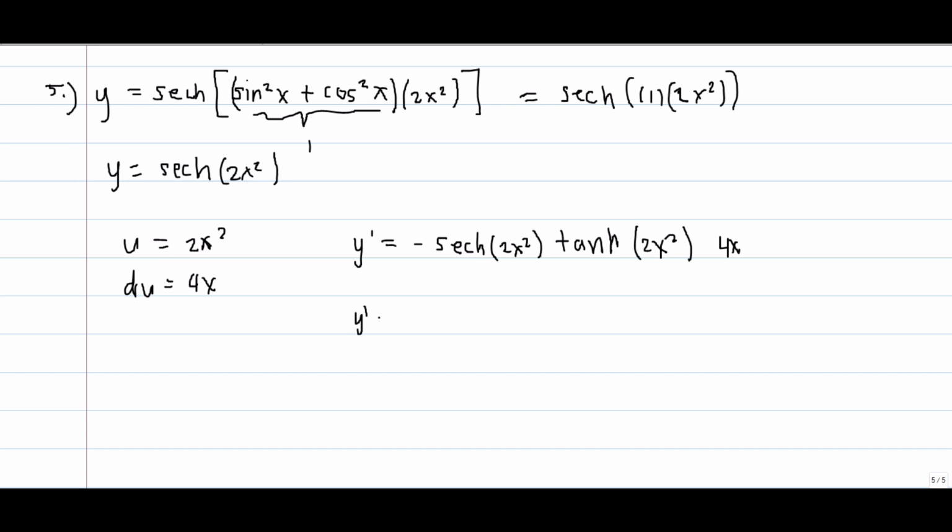So therefore y prime is equal to negative 4x, then sech of 2x squared, then tanh of 2x squared. Okay, so that is the final answer.